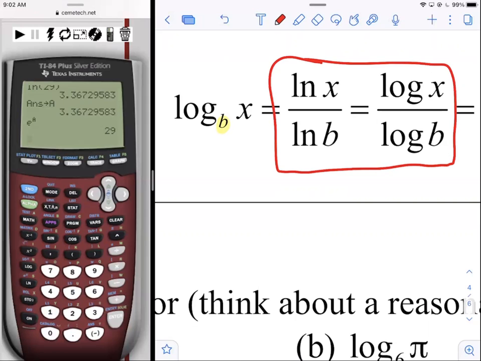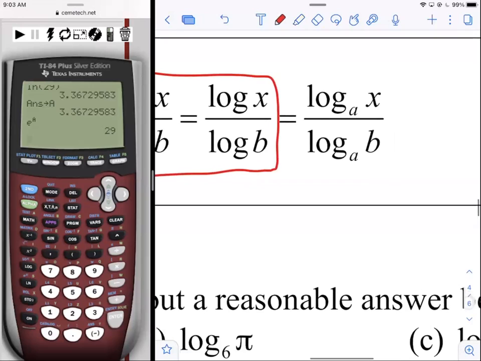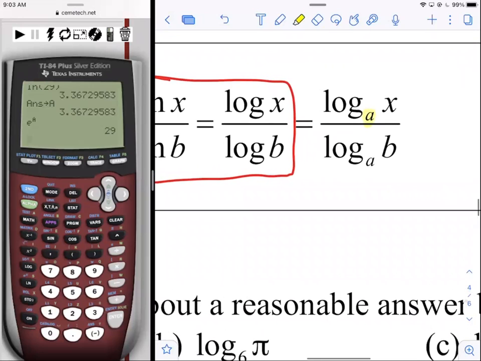In fact, if you want to choose a different base, like a, you could choose log base a of x over log base a of b. If you're not trying to evaluate, maybe that's what you want to do. You want to convert it from a base 5 log to a base 12 log. It's like a Google Translate, but for logs and not on Google.